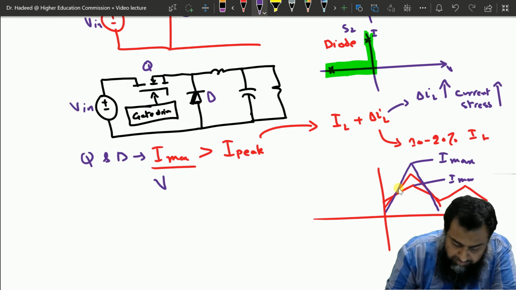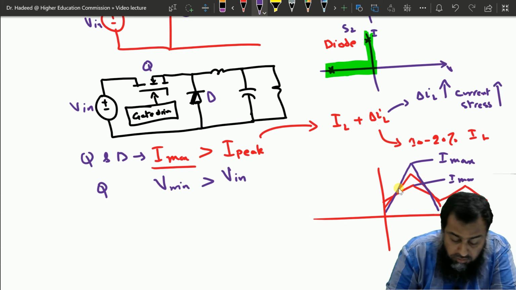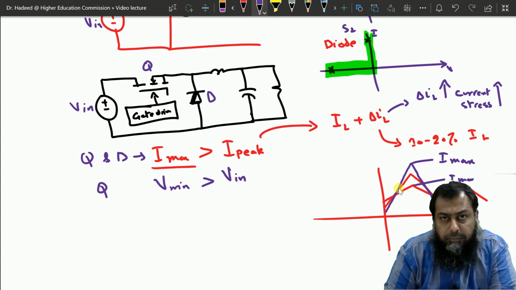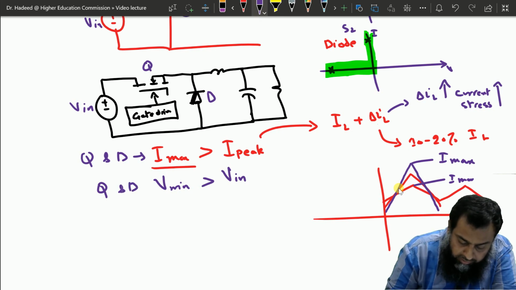So the V minimum required for these switches is greater than the input voltage V in for this Q. When this Q is on, then this D is also blocking this input voltage V in, and therefore for both Q and D, the current rating should be greater than the maximum value.